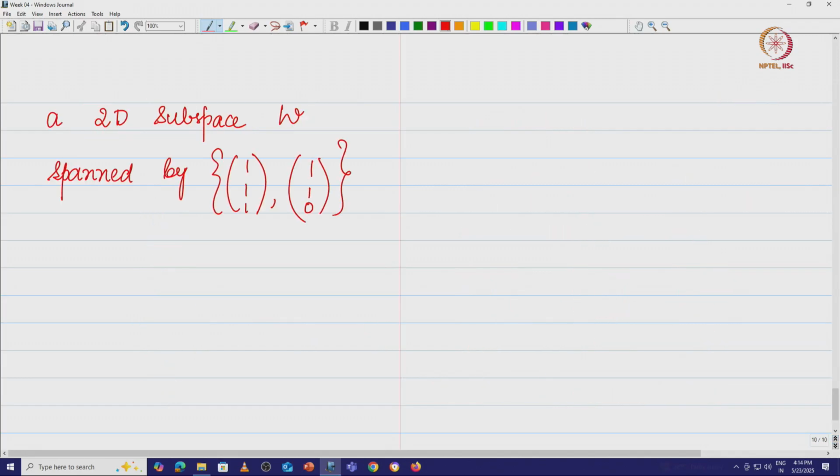Now you can very clearly see that (1, 1, 1) and (1, 1, 0) are 2 linearly independent vectors. In one case you have the third component to be 1 and in the other case the third component is 0, therefore they are linearly independent, and the subspace spanned by these 2 vectors will be a 2 dimensional subspace.